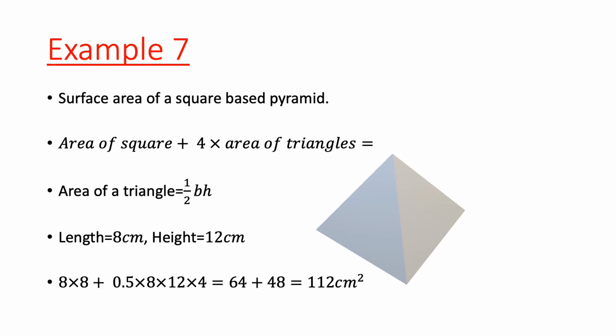So to work out the area of the square is 8 times 8, which is 64. And then I'm going to have plus the area of a triangle, which is base times height divided by 2. Then times my answer by 4, because there are 4 triangles: 1, 2, 3, 4. So 64 plus 48, I believe.